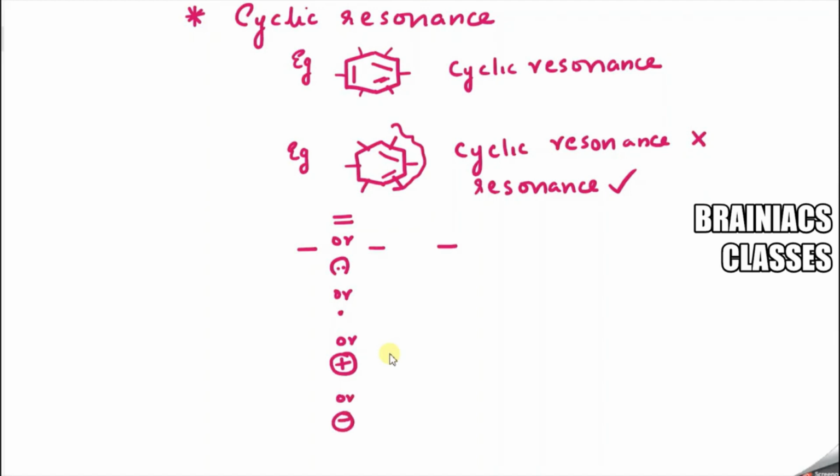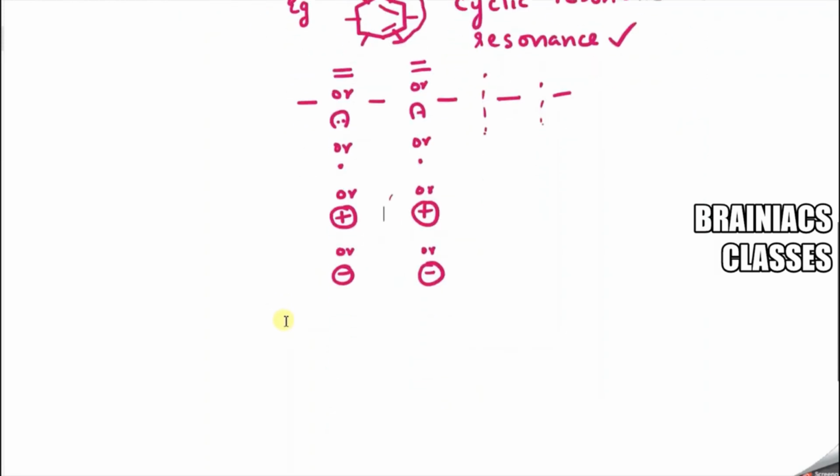Then the next one should be a single bond, and again it can be a double bond, lone pair, single electron, positive charge or negative charge. Again a single bond, and this will go on in an alternate fashion. If this is present throughout the ring, we say cyclic resonance is present. I hope you understood. If you want to know in detail, please contact Brainiacs Classes for detailed lectures.